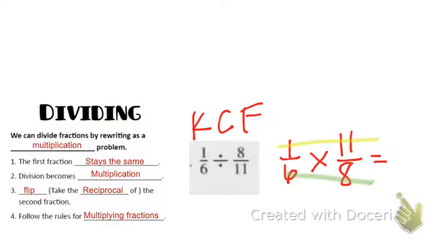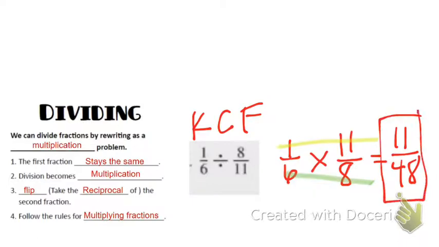So we do 1 times 11, which is just 11, and then 6 times 8, which is 48. And since 11 doesn't go into 48 evenly, this is our answer. You get 11/48. So much easier, in my opinion, than adding or subtracting because we do not need a common denominator. So now we're going to give you guys a chance to practice.